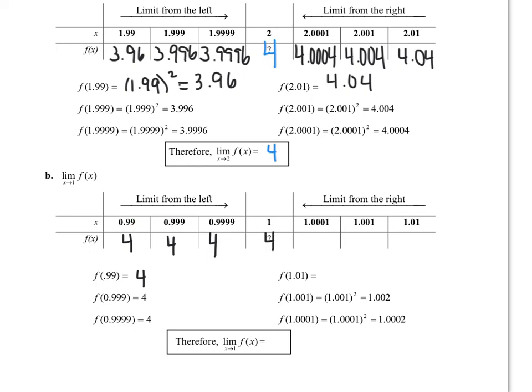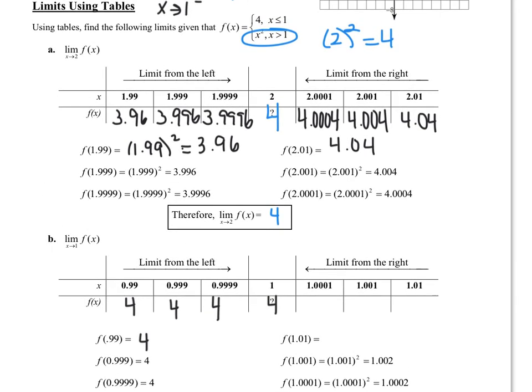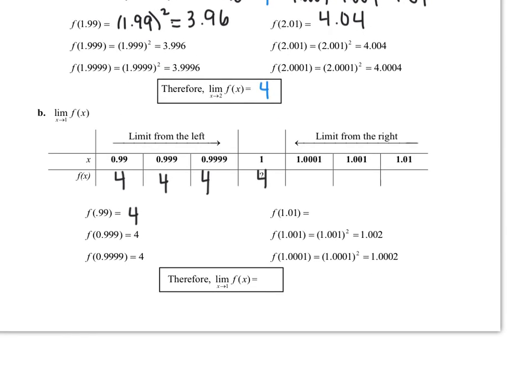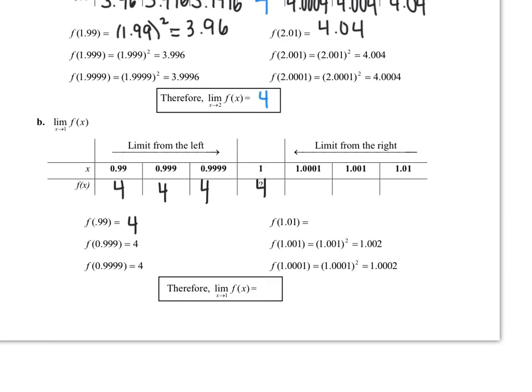That'll all be 4. But what if I begin to be greater than 1, like 1.0001 or 1.001? I'm now greater than 1, so I have to use the x squared graph. So I want to type in 1.01 squared. And if you do that, you should get 1.02 approximately.